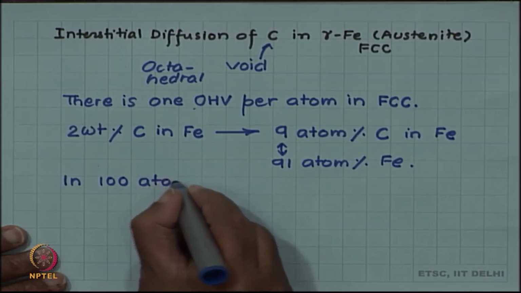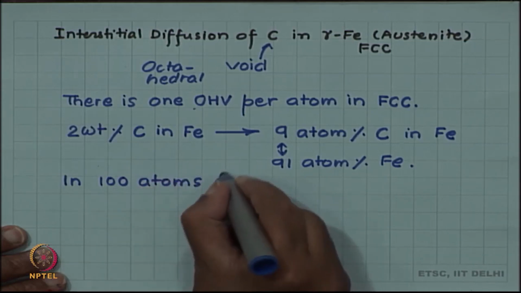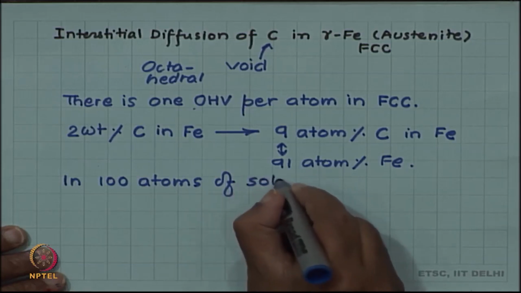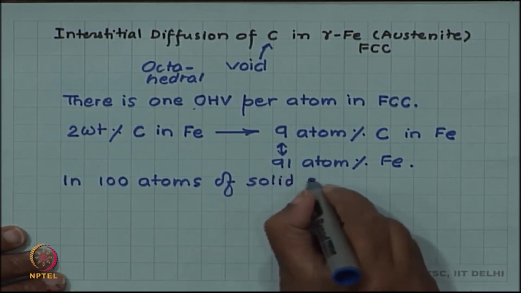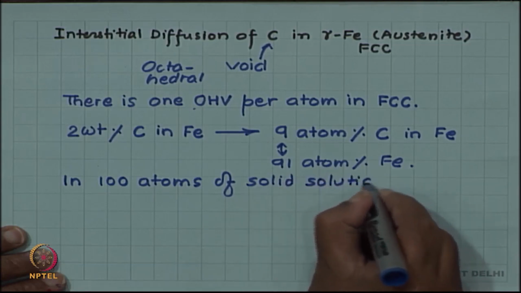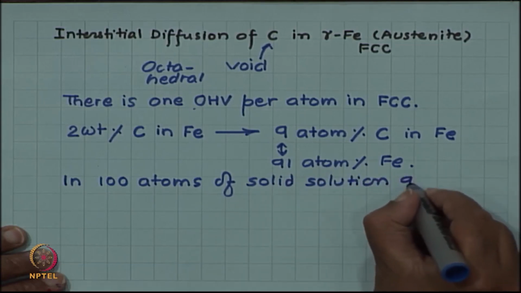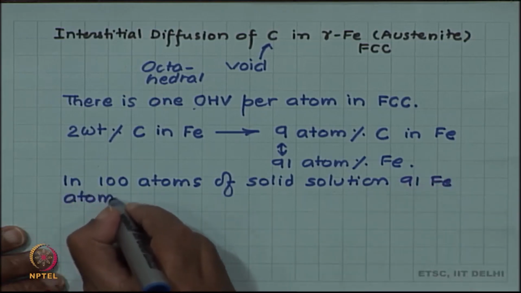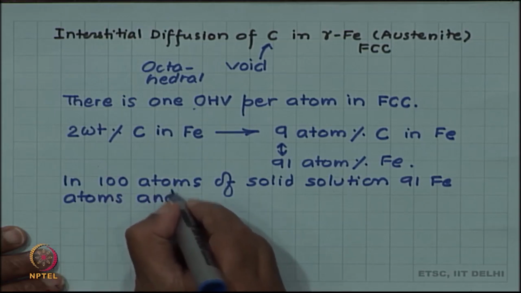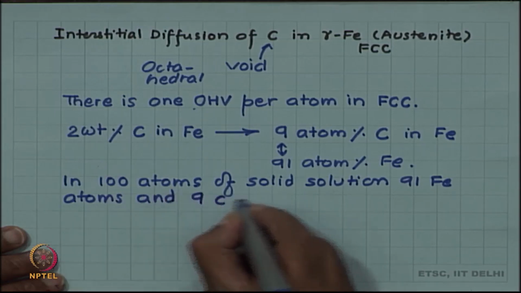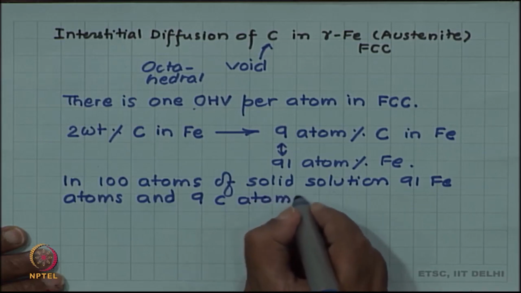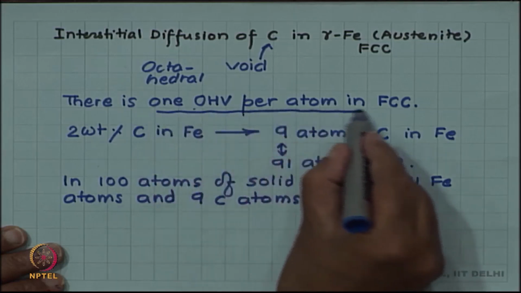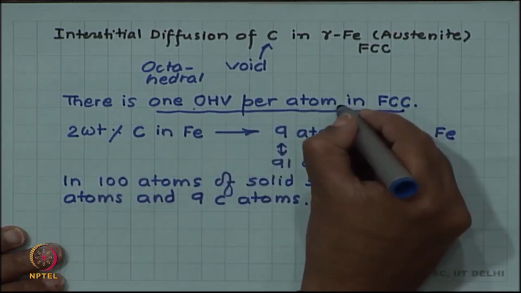In 100 atoms of solid solution, there will be 91 iron atoms and 9 carbon atoms, but we have 1 octahedral void per atom, and what atom?